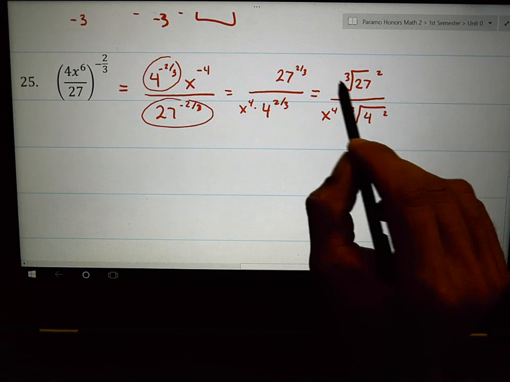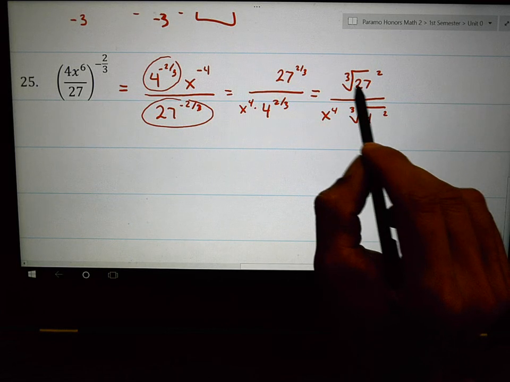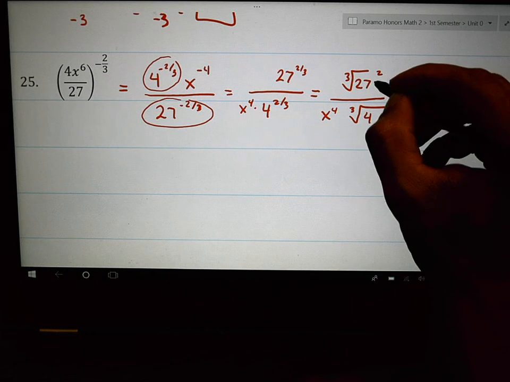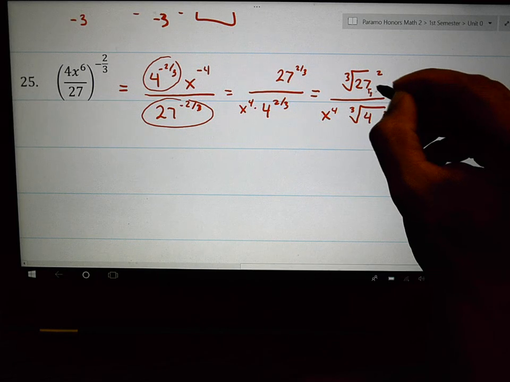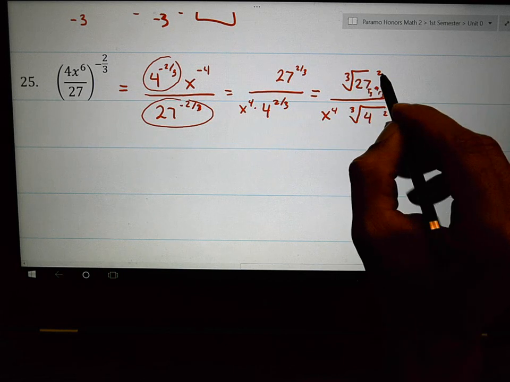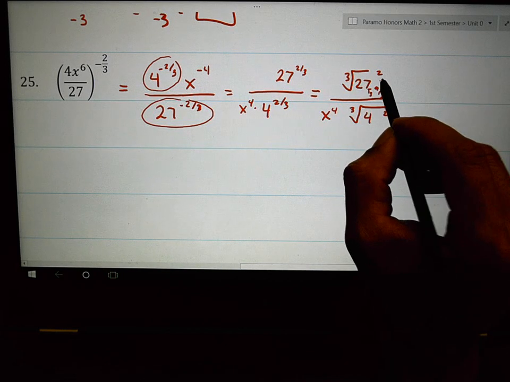If you know it, say what it is out loud. Ooh, 3. So let me just break it down. 3 times 9, 3 times 3. You need 3 factors. A 3 would pop out. But then you square it. Now it's going to be 9.